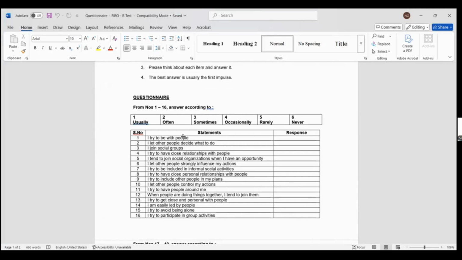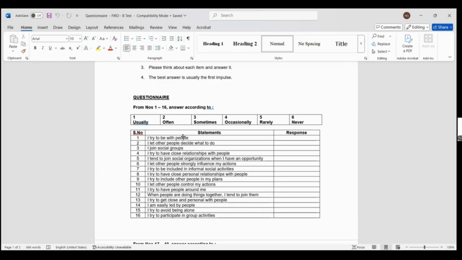Now, all that you need to do when you're filling this up, say the statement is, I try to be with people. Say, for example, Nirmala, I'm talking for myself. If I were to fill this, am I usually with people? Am I often? Sometimes, occasionally, rarely, never? Then I'll say, hey, I'm often, because I'm an extrovert, I like to be with people. So my response will be two.